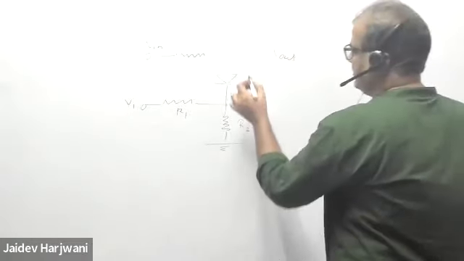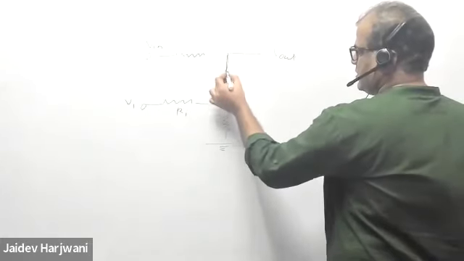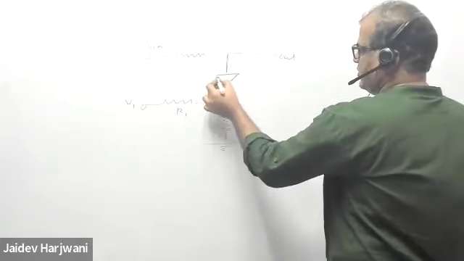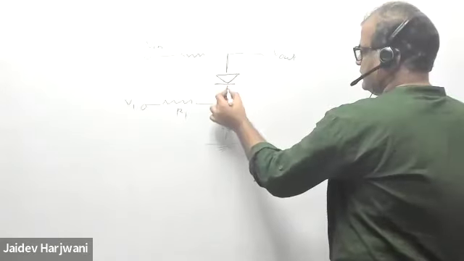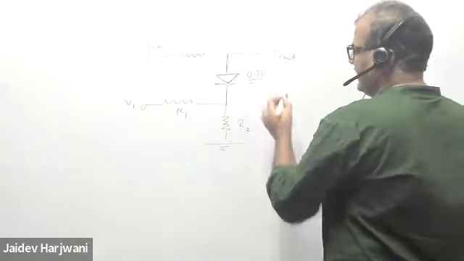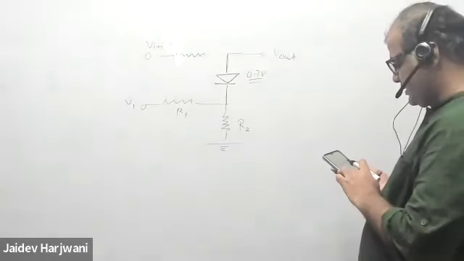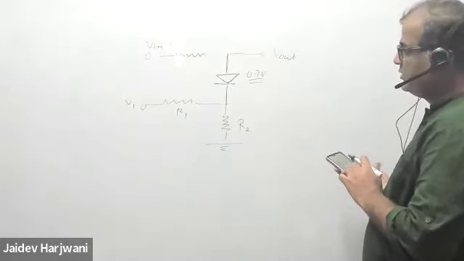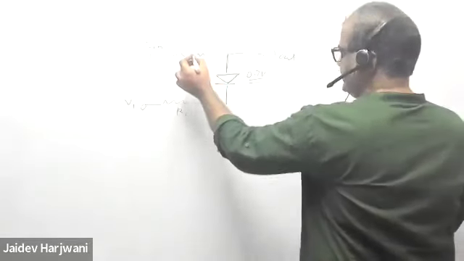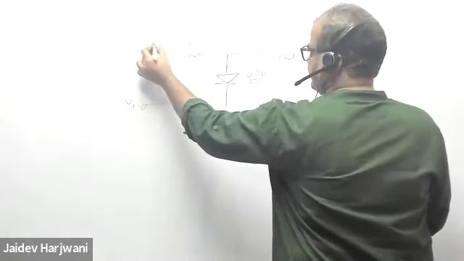You want to measure V output here, across the diode and the resistance R2. And this is a silicon diode, so it requires 0.7 volt to conduct. This is your R1, and this is V input.